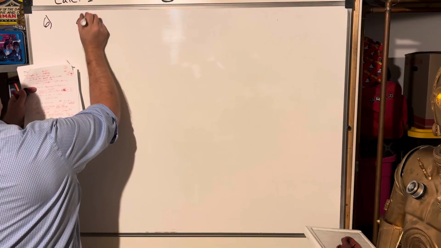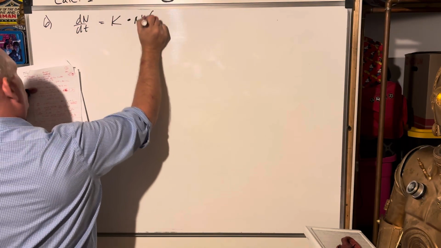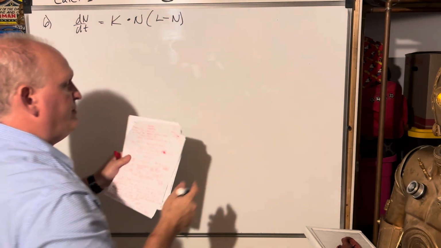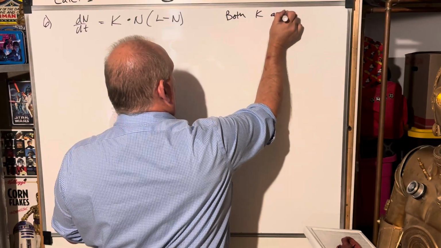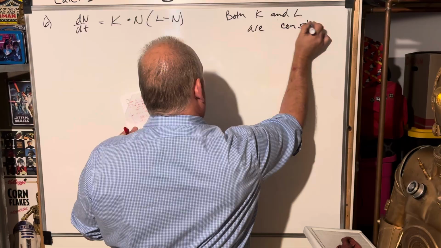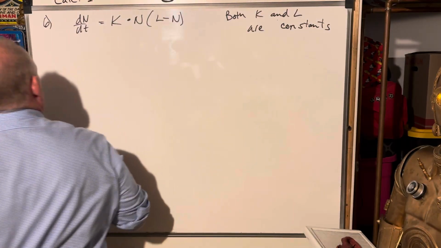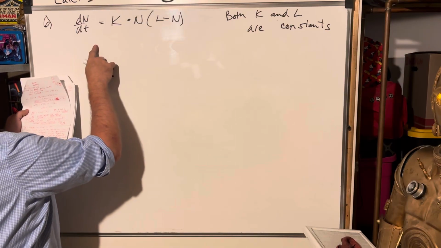So dN/dt is equal to k times N times (L minus N). Both k and L are constants. All right, so you don't have to worry about dL or something like that. It's dN/dt.